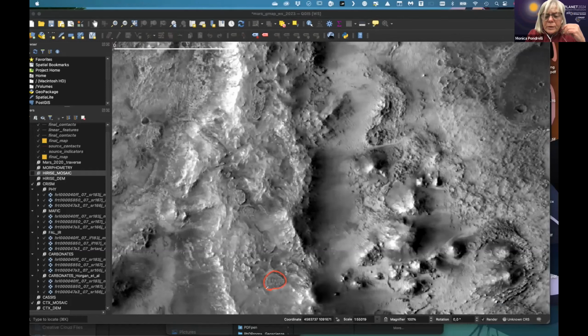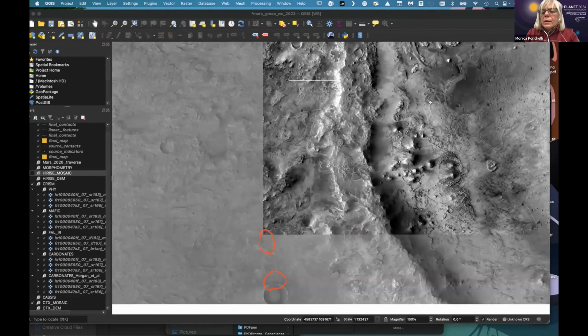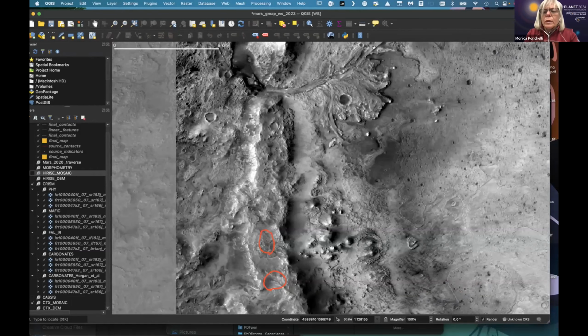For example, this outcrop. Sorry, this drawing was really poorly made, but this is also evidence of this unit here.